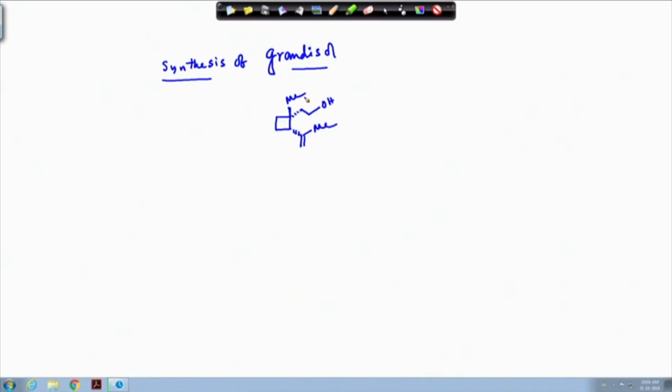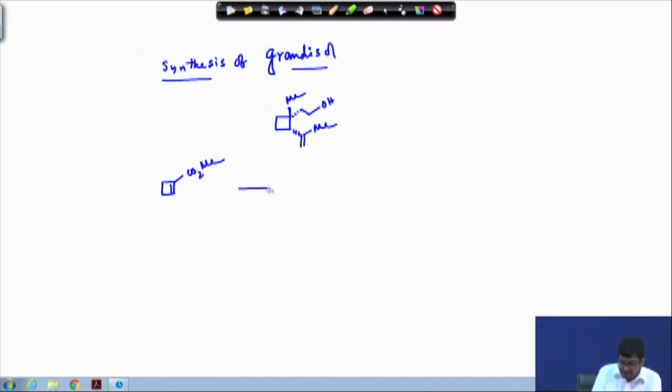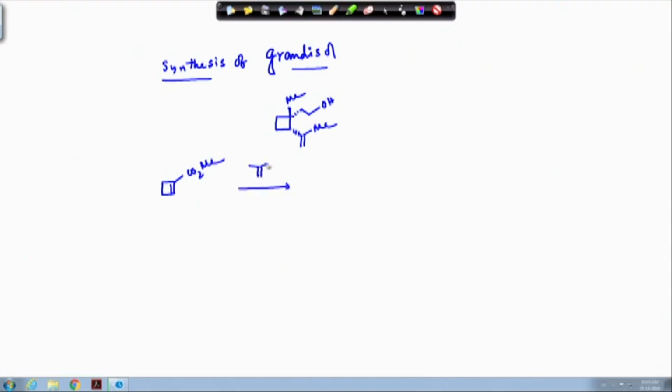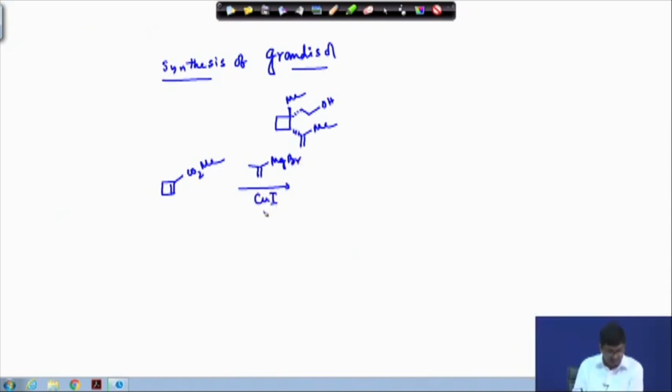So, this is a sex pheromone from a pest of cotton, and its name is grandisol. The precursor that has been taken is a cyclobutene derivative. After that, a conjugate addition with a Grignard reagent in the presence of copper 1, the attack will happen over here, this 1,4 addition.